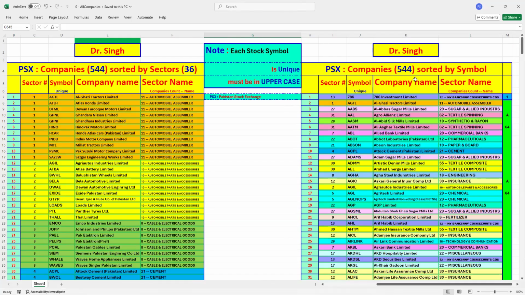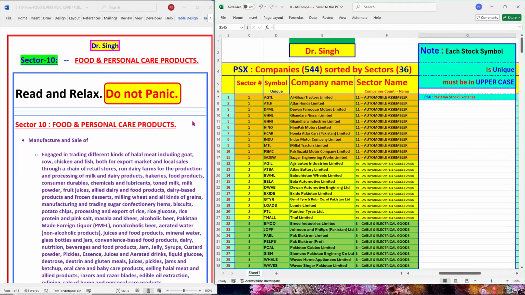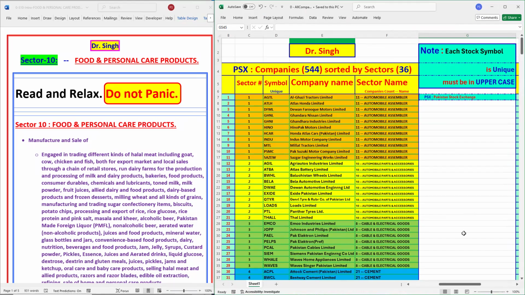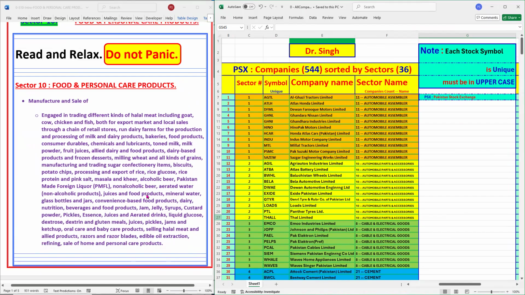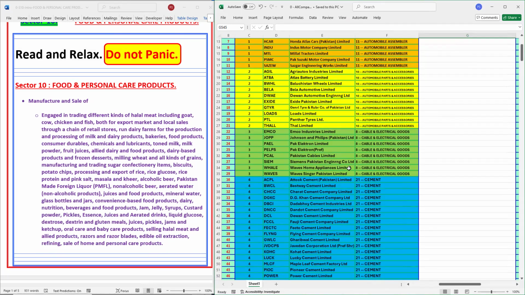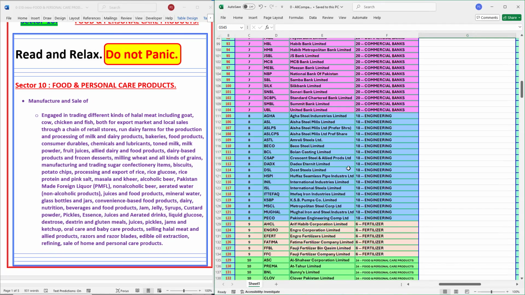Having said that, let's try to look at another Word document over here. And if you look here, let me move it down, and you will see that in this video, we are discussing sector number 10, which over here is, let's see, here we go.